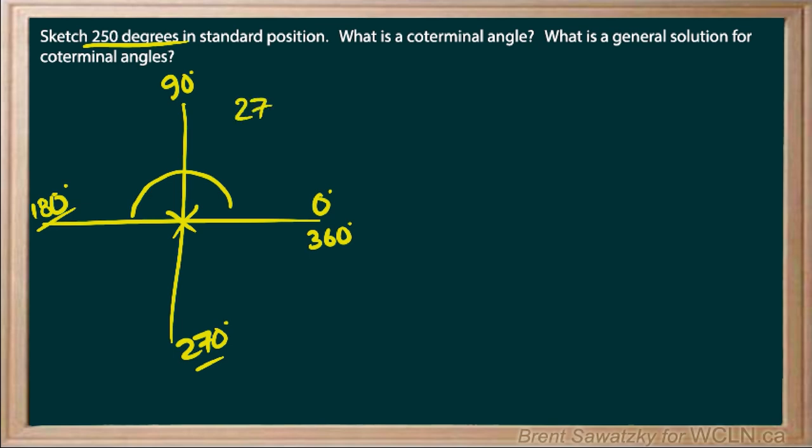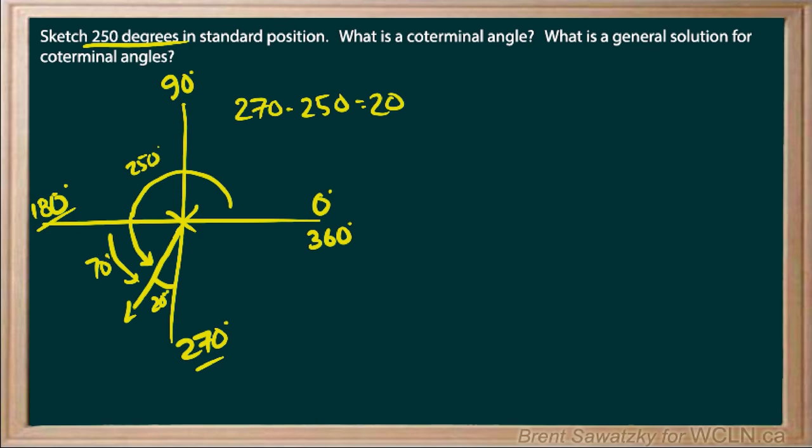I'll go with the 270 minus 250 is equal to 20, and that tells us that this is 20 in there. And we know that 90 minus 20 is 70, and so this here is 70, and this whole thing here is our 250.